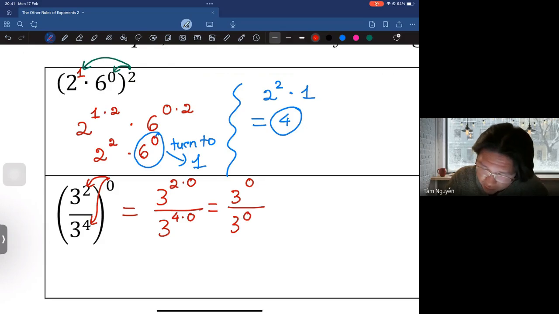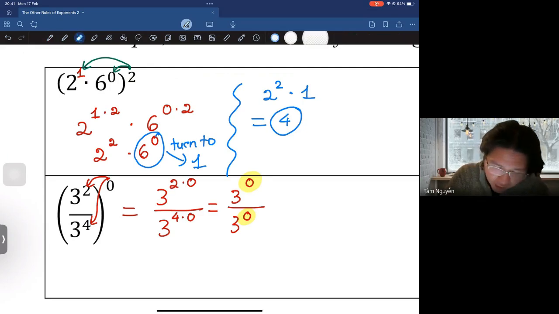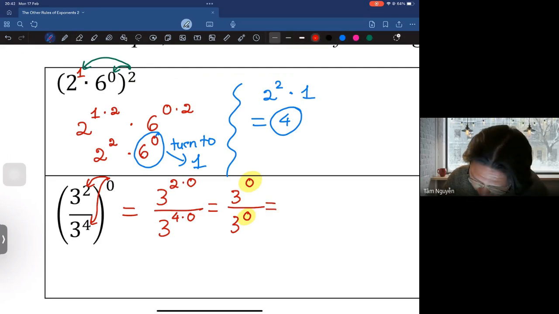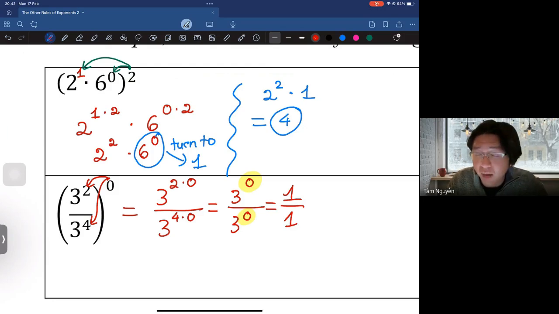And because we have the power of zero on both the top and the bottom, the exponent on top turns to 1, and the same with the exponent at the bottom. So 1 divided by 1 will give you 1 at the end. Okay.